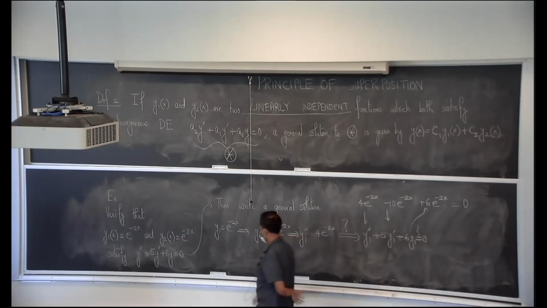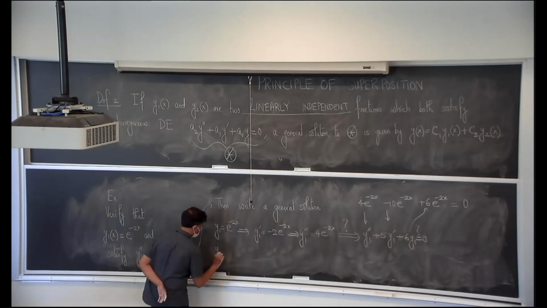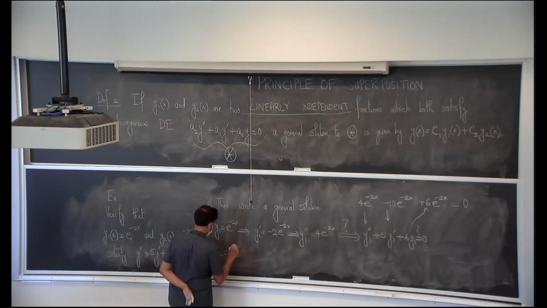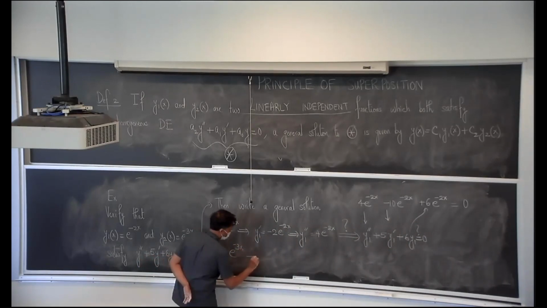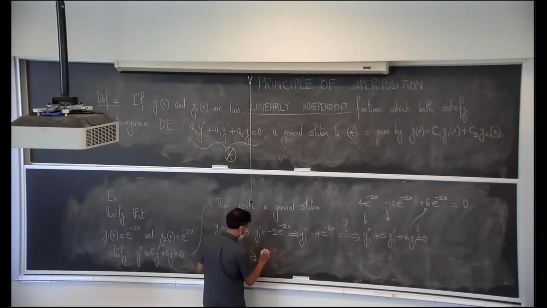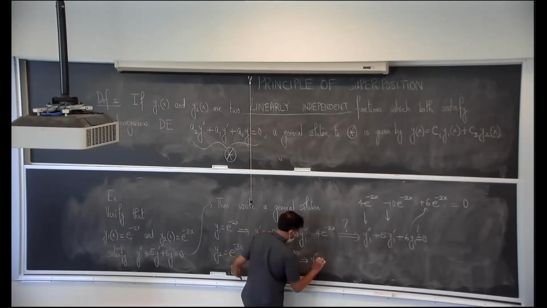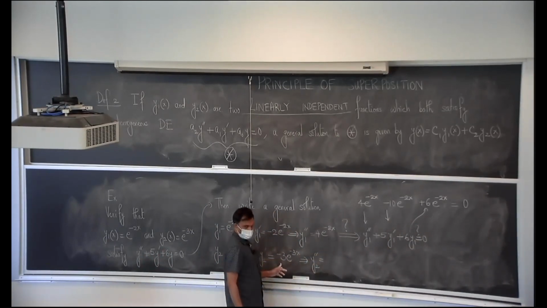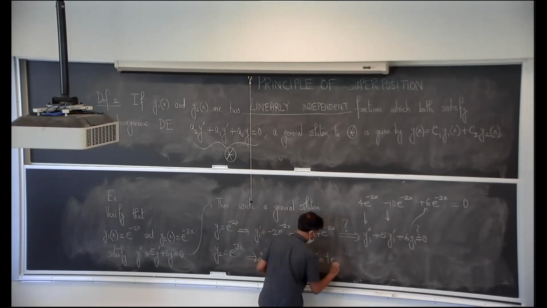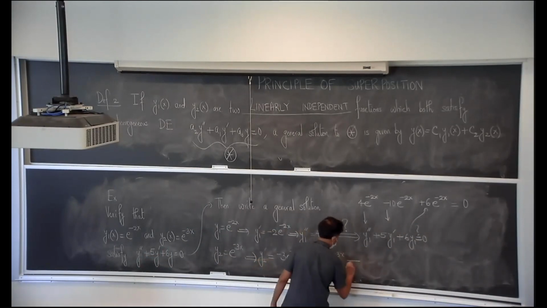So y2 is e to the power of negative 3x. Not leaving enough room here, but okay. y2 prime is negative 3 e to the power of negative 3x. y2 double prime is 9 e to the power of negative 3x.